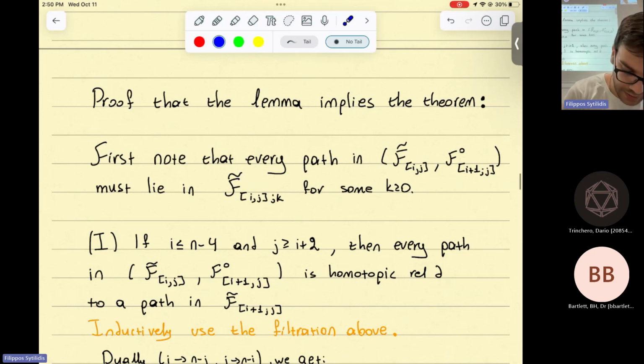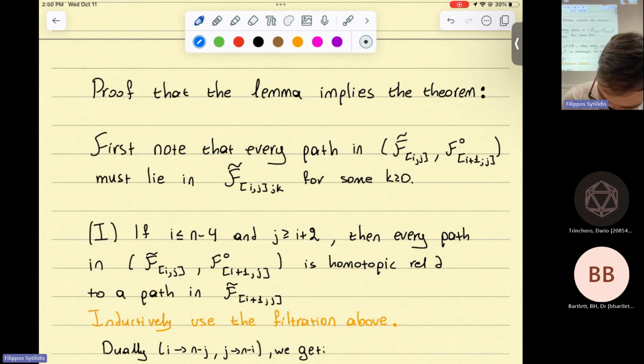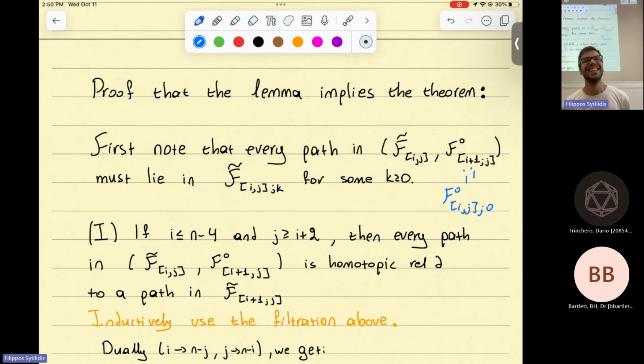We'll get into the pictures soon, but just a little bit more patience with me here. Remember that this space F_{i+1,j} is just F_{i,j} where you have at most 0 critical points of index i.